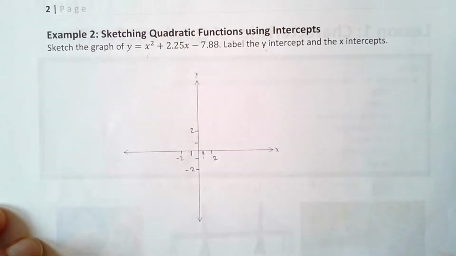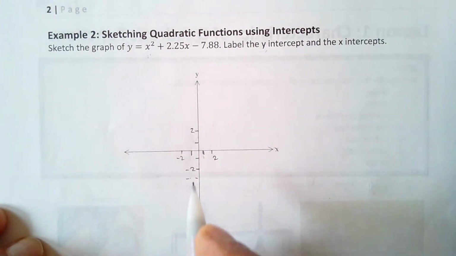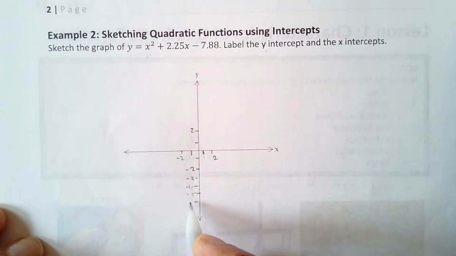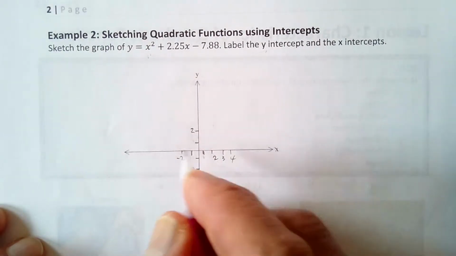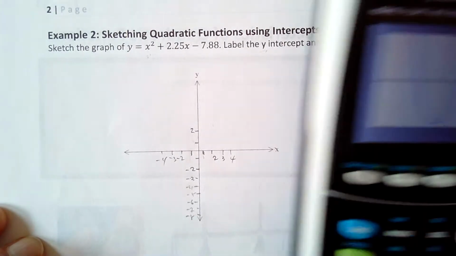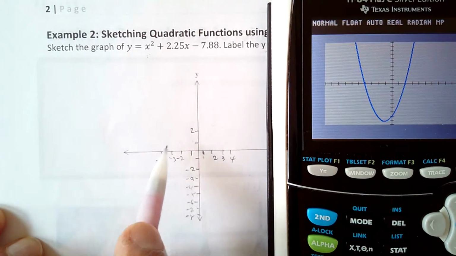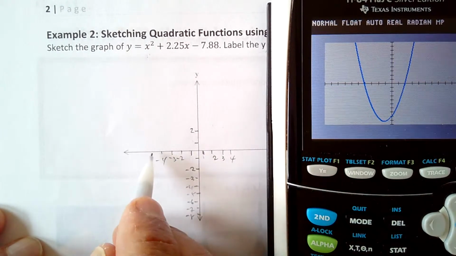We have 3, 4, we have -3, -4. So we know it goes through just over 4, between 4 and 5.